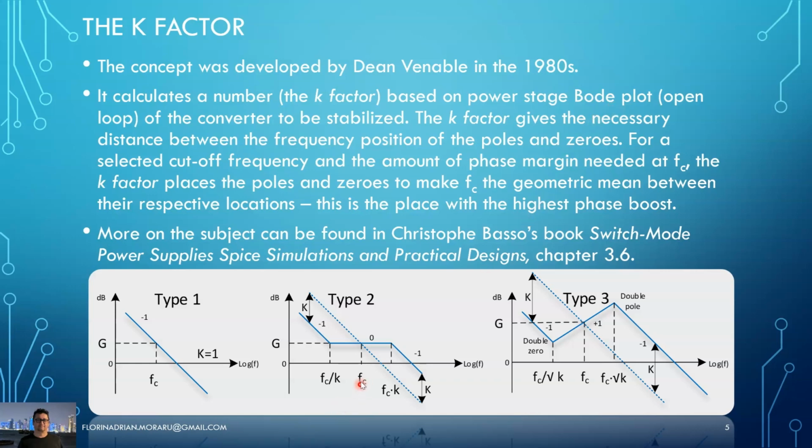And then what it will actually do is automatically place the zero and the pole, or for the type 3, the 2 zeros and the 2 poles, at equal distance with regard to the selected cutoff frequency, so that it will be, as it's written here, the geometric mean between these respective locations, and in the end here at FC we will have the highest phase boost.